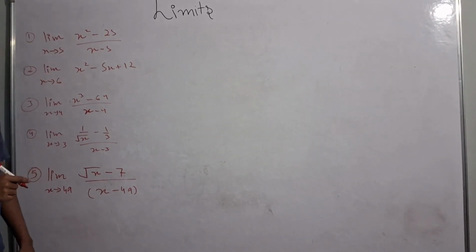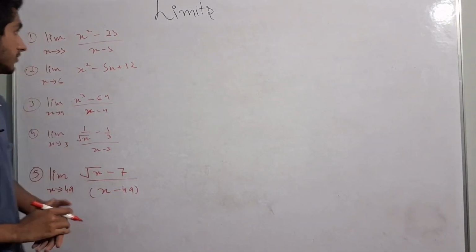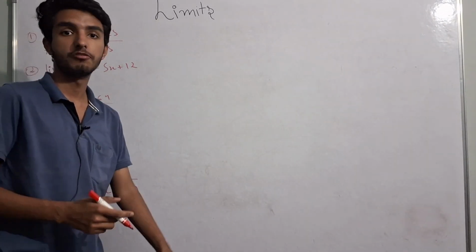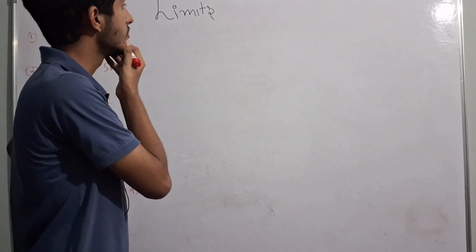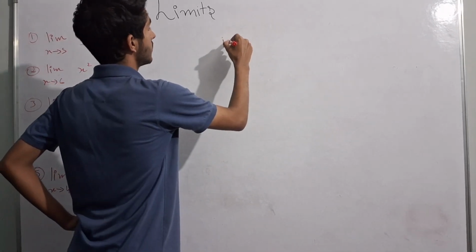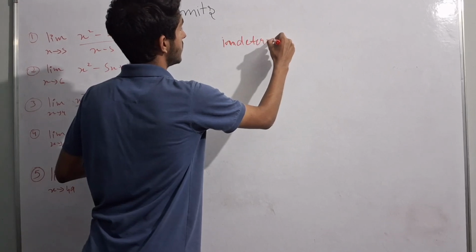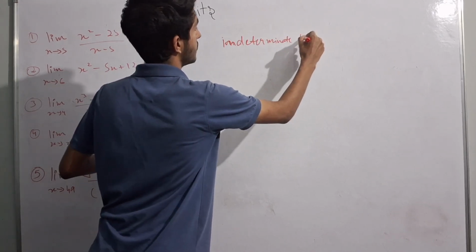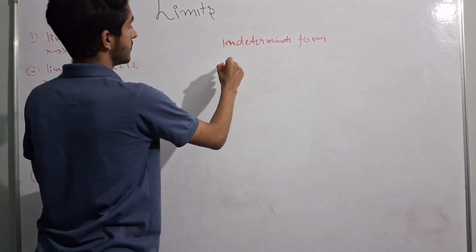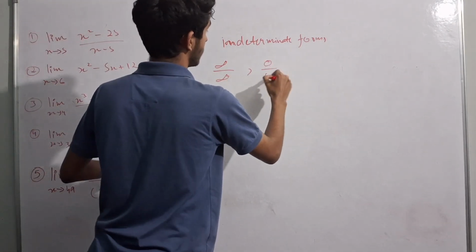So these are some questions of limits which I have written on the board for you to solve. But before coming to these questions, I would give more examples of how we use limits. Basically, we use limits to calculate indeterminate forms, and two of them are infinity by infinity, and one is 0 by 0.